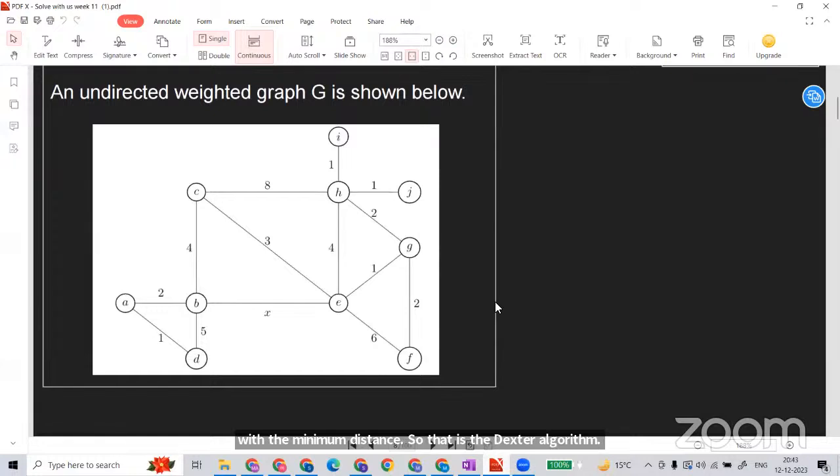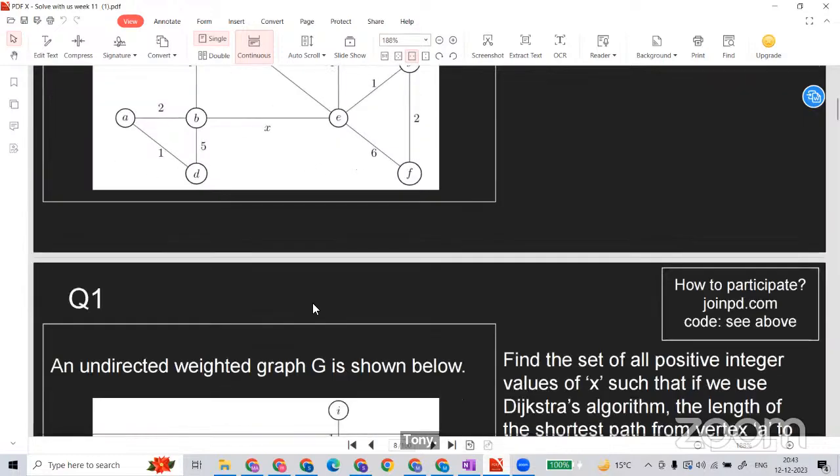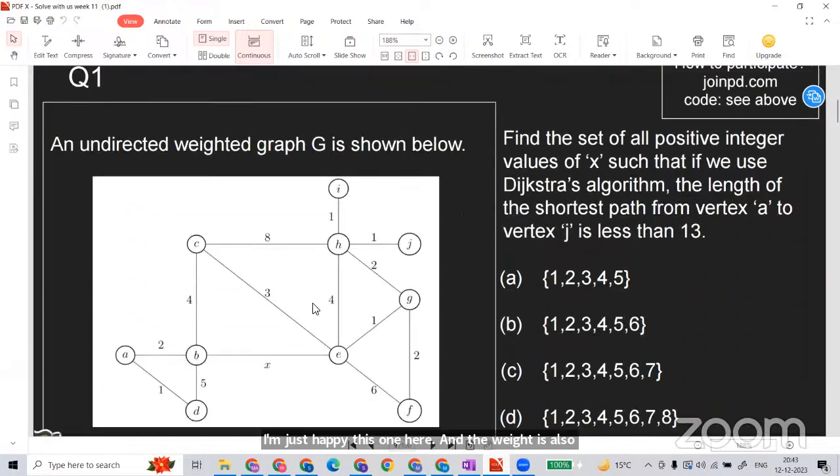Based on that, we have one problem: an undirected weighted graph is given, shown in this graph, and the weights are also given. The problem is to find all positive integer values of x such that, if we use the Dijkstra algorithm, the length of the shortest path from vertex A to vertex J is less than 13.